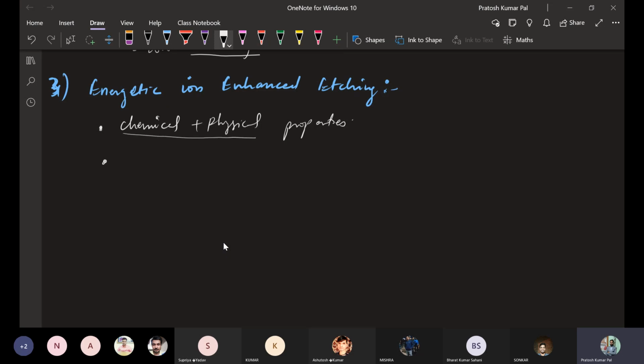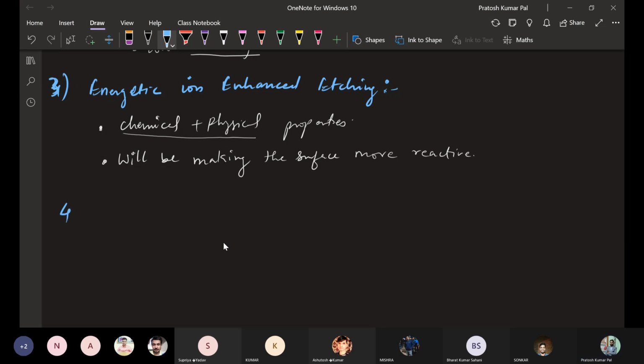In that, we will be making the surface more reactive so that we can have the anisotropic type of etching along with having high selectivity.